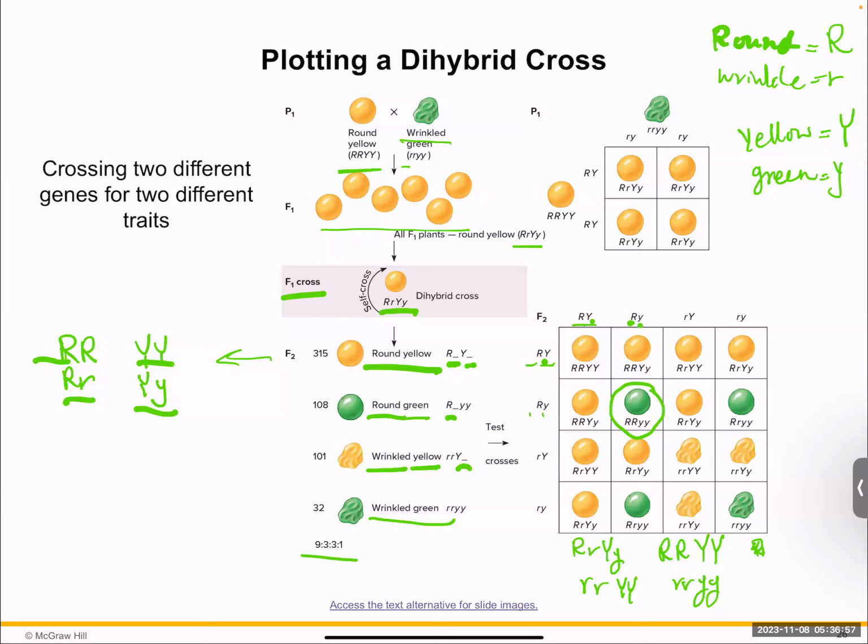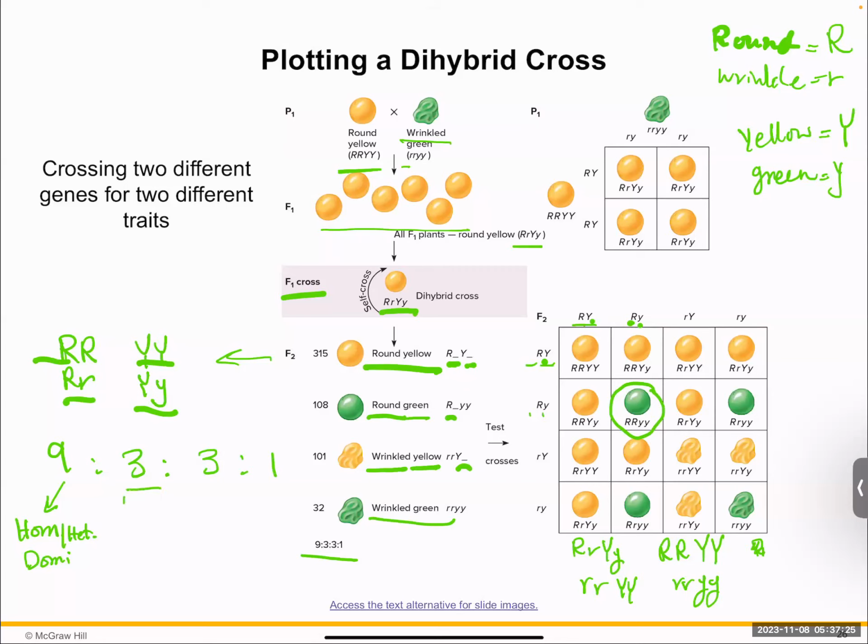which means if you ask, okay, what is that 9 to 3 to 3 to 1? This means homozygous or heterozygous dominant for both, okay?